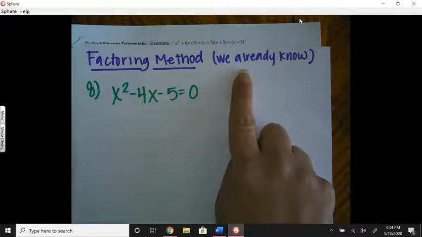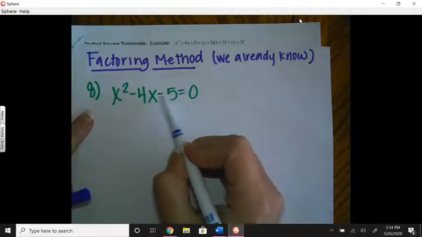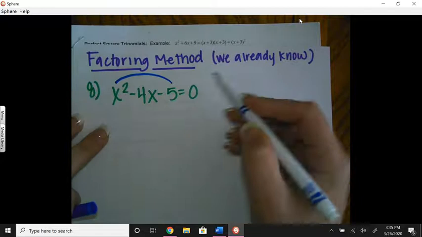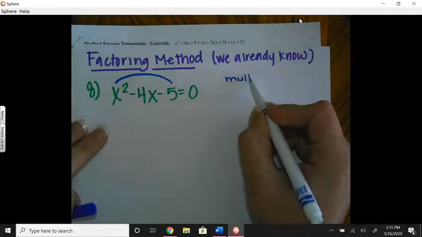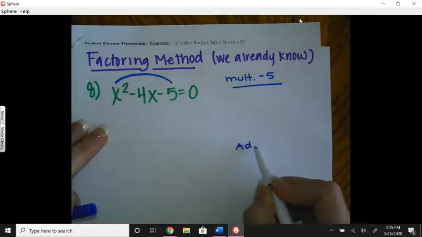when we learned how to factor that to solve this problem, since it's a trinomial, we can use the AC method. What number multiplies to -5 and it has to add to -4.